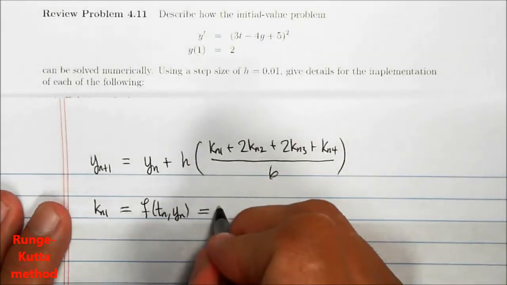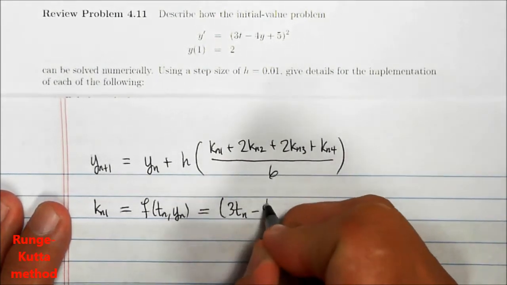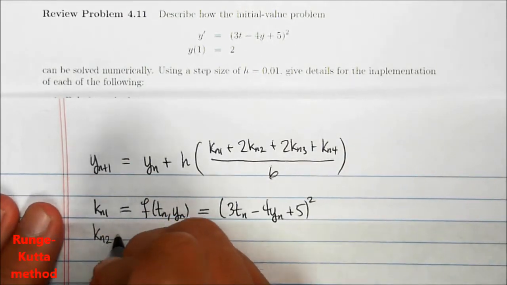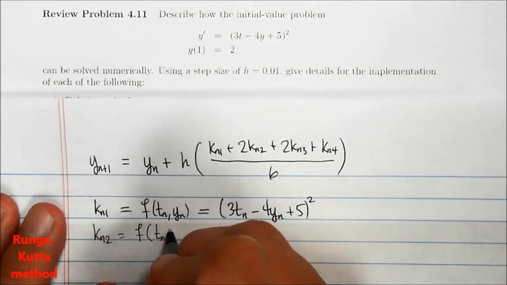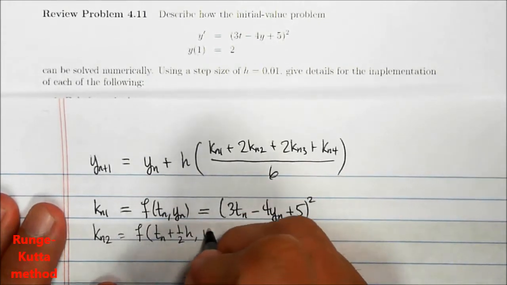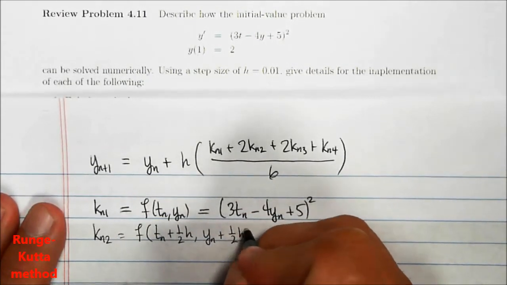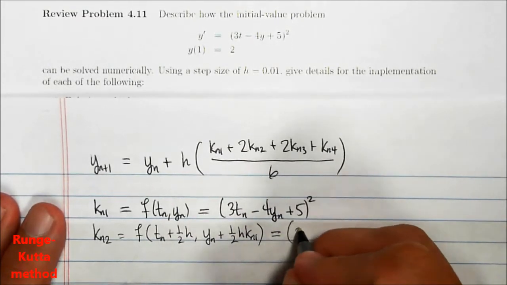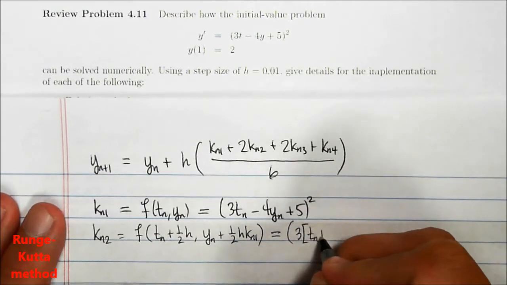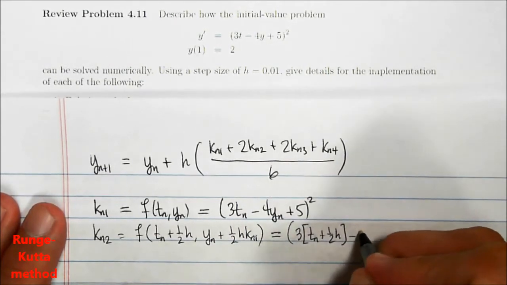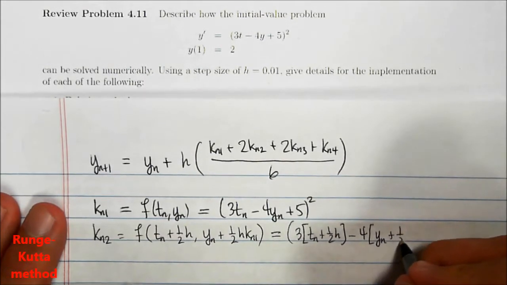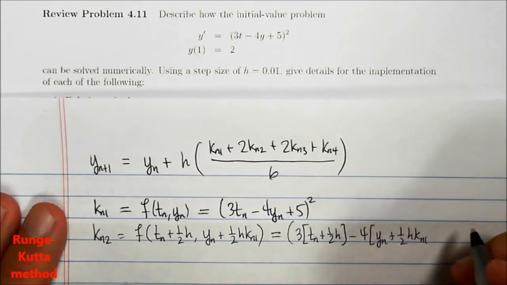And in this problem, that's equal to 3t sub n minus 4y sub n plus 5 squared. Kn2 is equal to f of t sub n plus a half h, y sub n plus a half h times the thing that I just got, k sub n1. So that's going to be equal to 3 times t sub n plus a half h minus 4 times y sub n plus a half h times the thing that I just got, kn1, plus 5 squared.